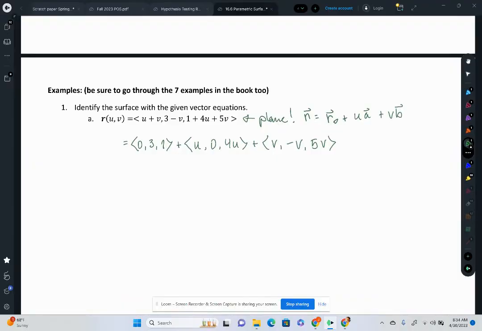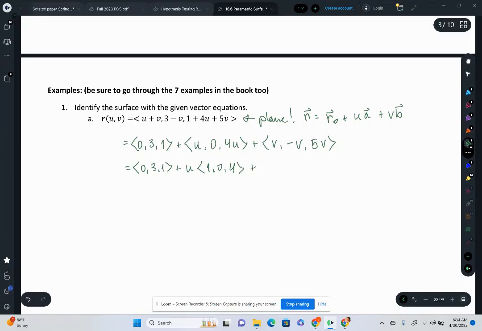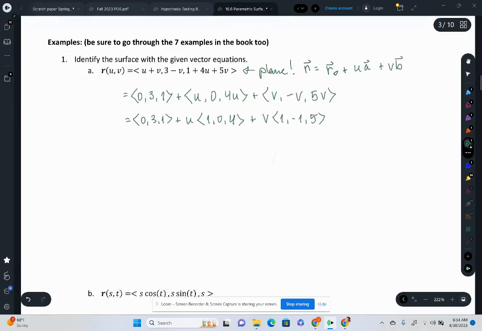And finally, I'll just factor out the u and the v. This is equal to the vector 0, 3, 1 plus u times 1, 0, 4 plus v times 1, negative 1, 5.